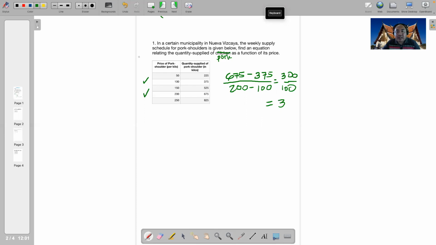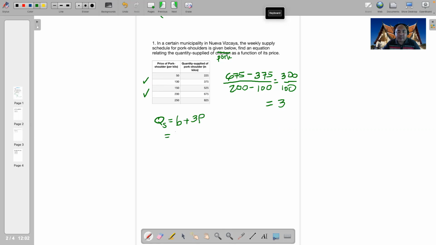All right. So as we said before, the equation model of quantity supplied is equal to some constant B plus the slope, in this case 3, times P. Now, to complete our supply equation model, we choose a point, any of the two that we use, 200 or 100. Let's use 100.